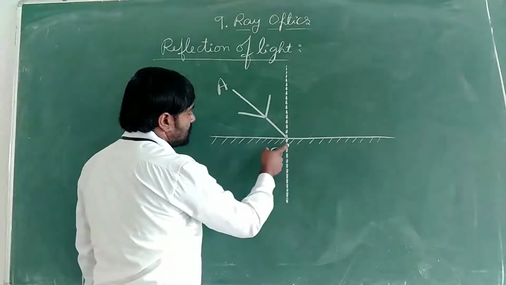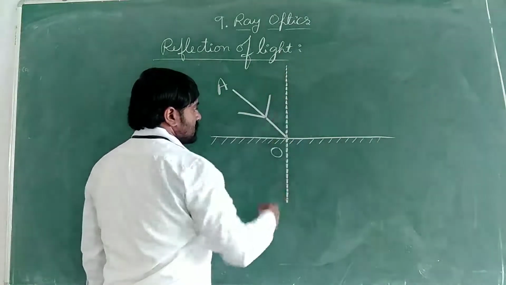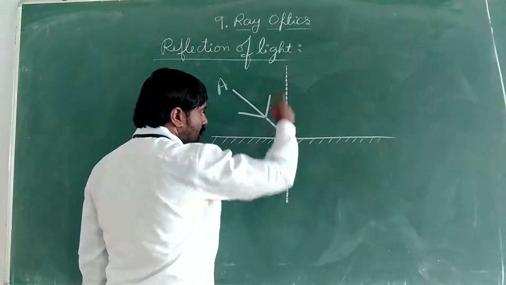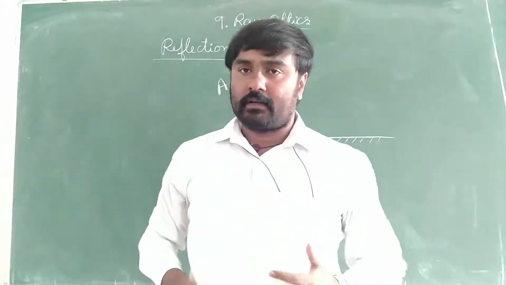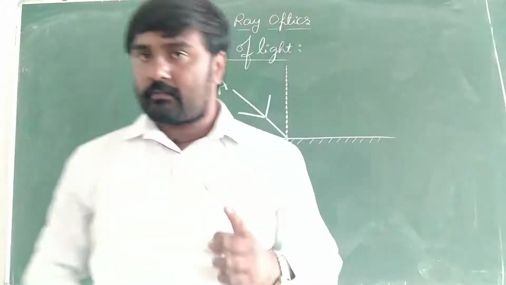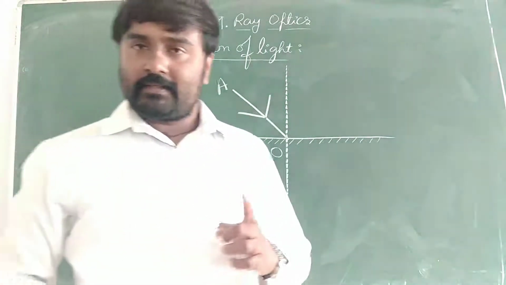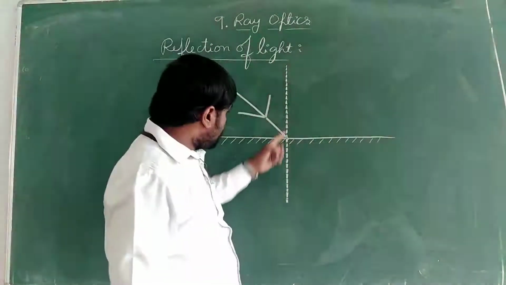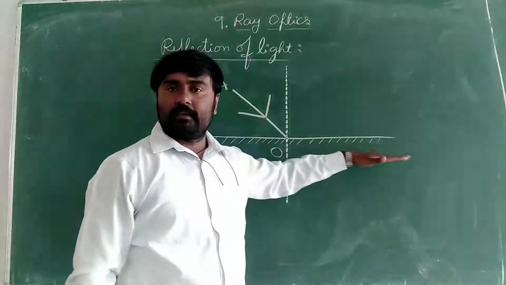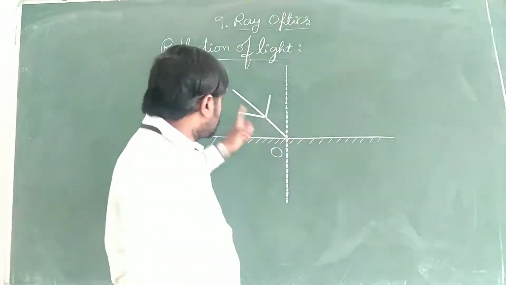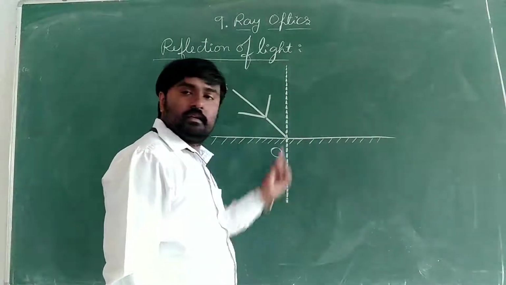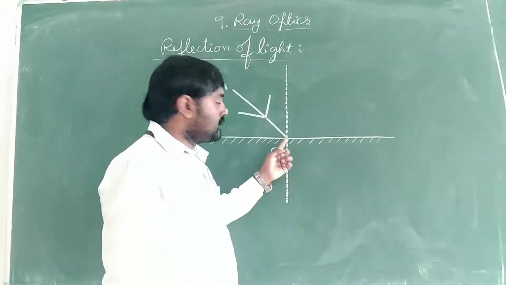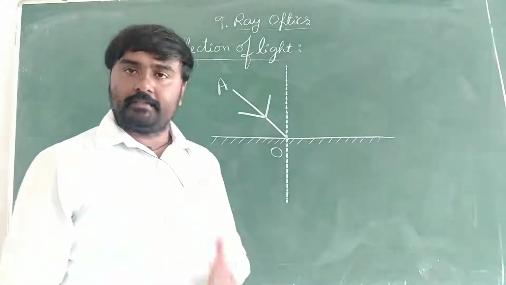AO is the incident ray. What is this? Normal. Normal means imaginary perpendicular. What is the meaning of normal? Normal is imaginary perpendicular to the given surface, right? So here AO is the incident ray and this is the normal at the point of incidence.